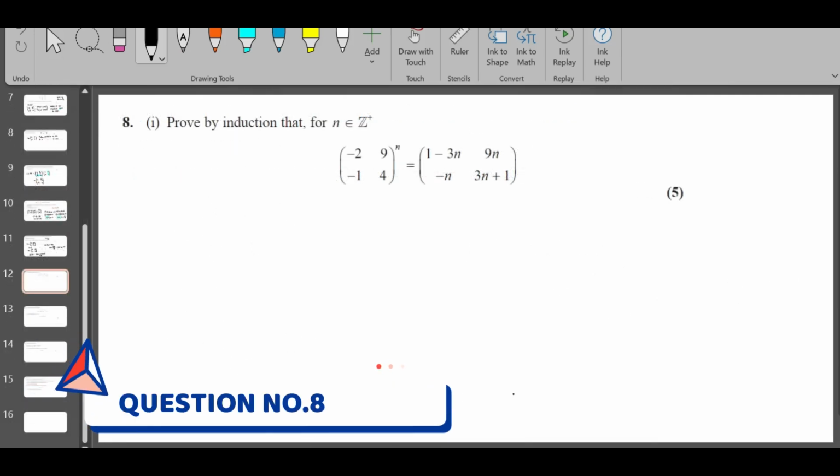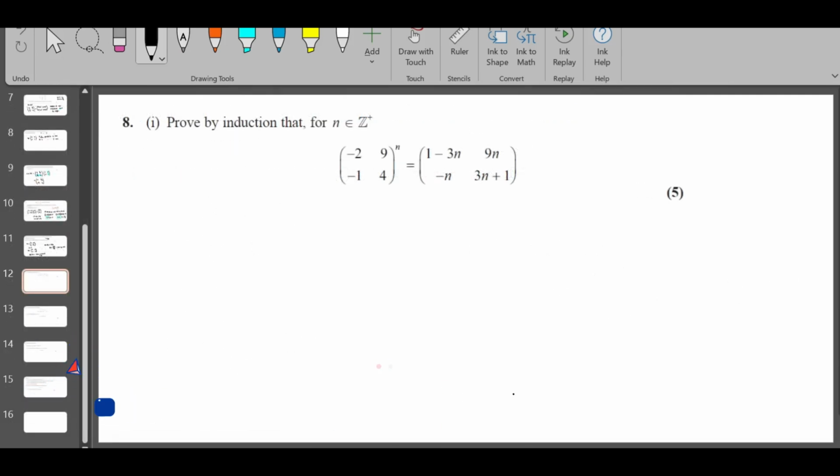Question number 8. Part I. Prove by induction that for n belongs to positive integers, this is equal to this. So for proof by induction, first you need to prove it for n is equal to 1. For n is equal to 1, find the left hand side.